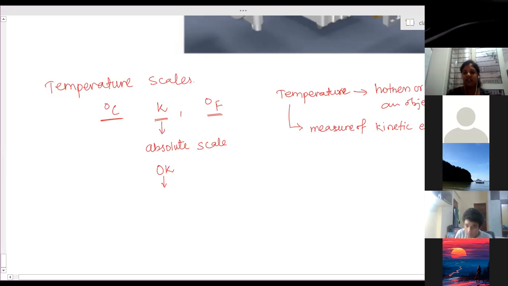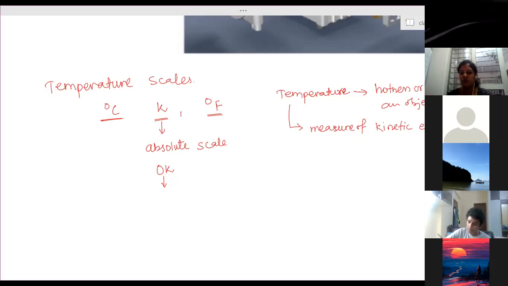As we decrease the kinetic energy, the temperature decreases; the kinetic energy of the particles keeps on decreasing. Now, what is Kelvin here? Why did the Kelvin scale come into existence? The Kelvin scale came much afterwards, after degree Celsius and degree Fahrenheit. So what is the Kelvin scale, or absolute value of a temperature? That means a temperature at which particles have zero kinetic energy.